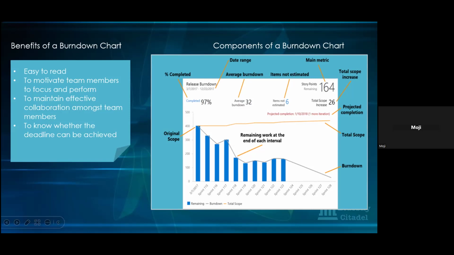But in brackets, you see it says that by one more iteration, they should be able to finish. So by one more sprint, this number of work items, these story points, will be completed. It's a projection. So if tomorrow nothing gets burned down in this particular sprint, this projection can change. But it's just looking at the way they are working and at the average story points that they are burning down, and that's why it's giving that projection.